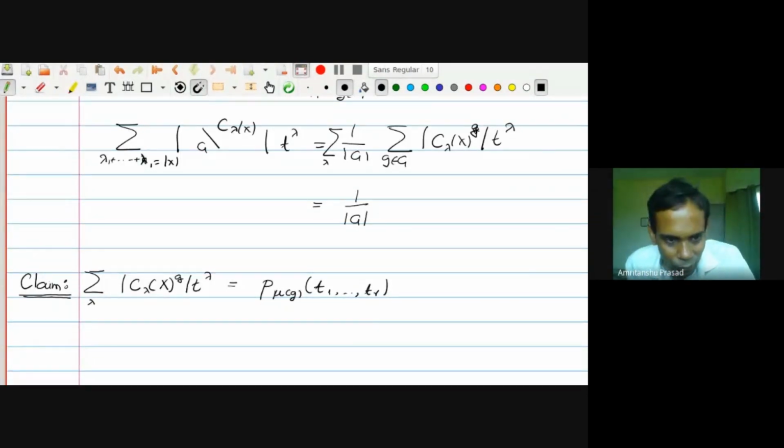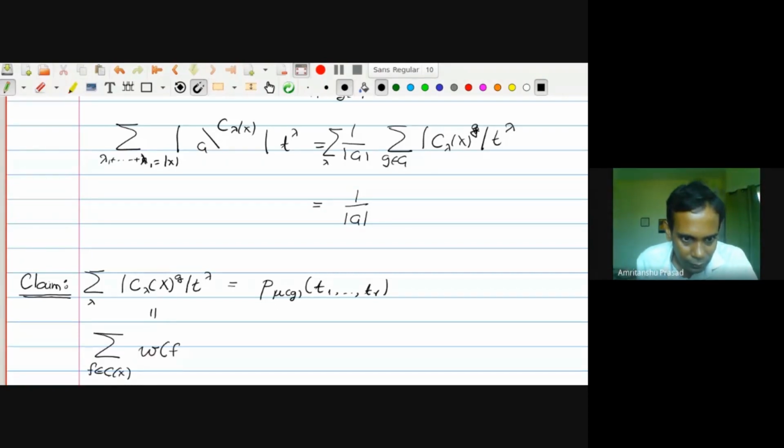So I have a coloring, and what does it contribute to the left hand side? So this is the same as the sum over all colorings F, and I just take the weight of F, right?